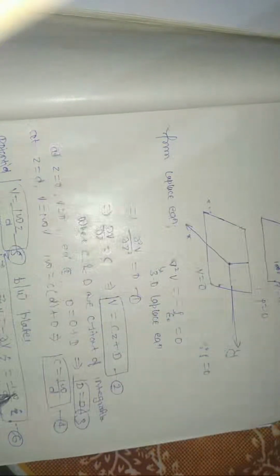Now, are you understanding? Now you got two equations. First, you find the potential, which is given by equation 5, and the electric field, which is given by equation 6.